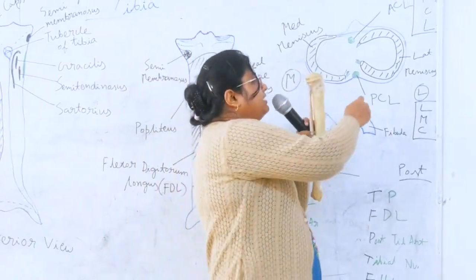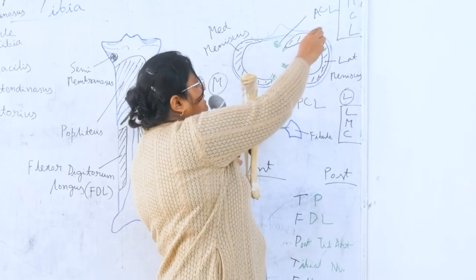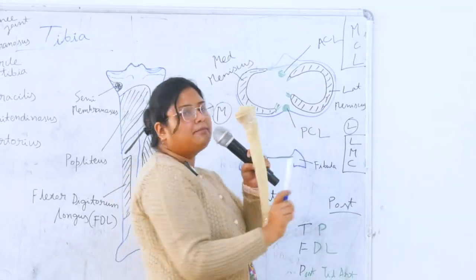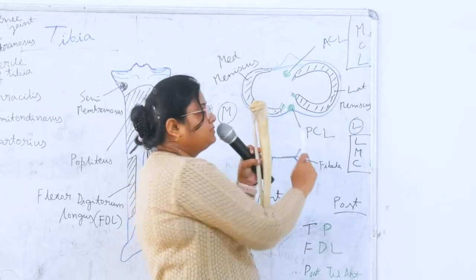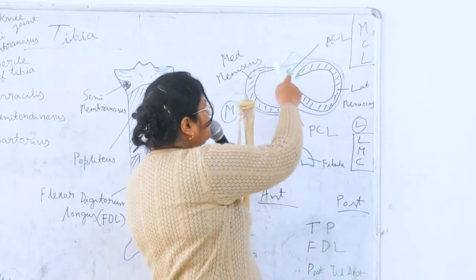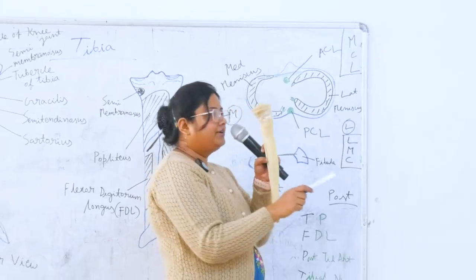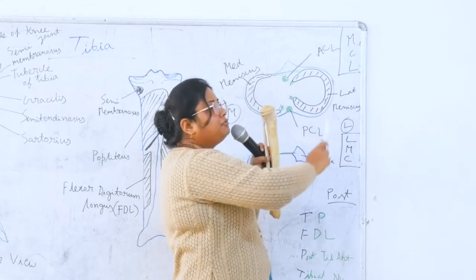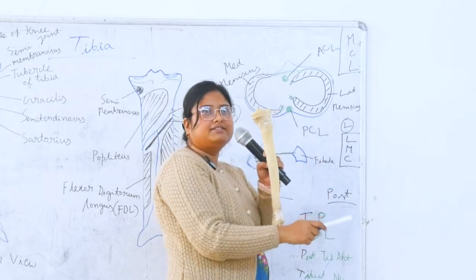If it is attached to the anterior part of the tibia, it is the anterior cruciate ligament, and if it is attached to the posterior part of the tibia, it is the posterior cruciate ligament. So the attachments are very important. Anteriorly, remember Medical College Lucknow, posteriorly Lucknow Medical College.